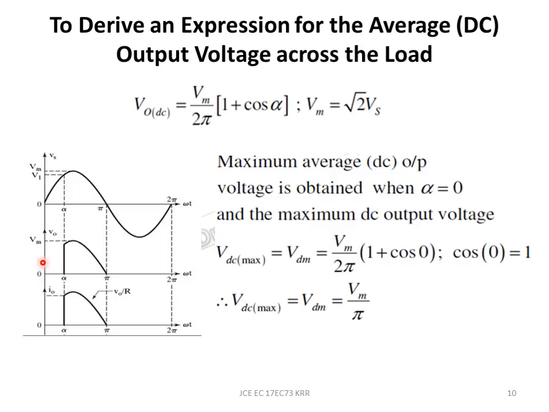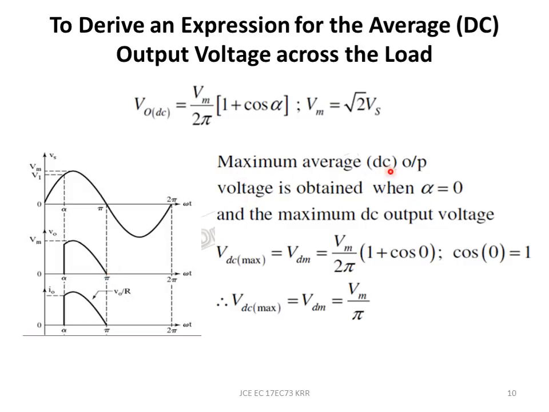When alpha is 0, your whole half sine wave will be coming at the output and hence you may get maximum output voltage. Whereas when alpha is at pi or 180 degrees, even if it starts conducting, the SCR will turn off because of the negative voltage. So output is going to be 0 when alpha is pi.